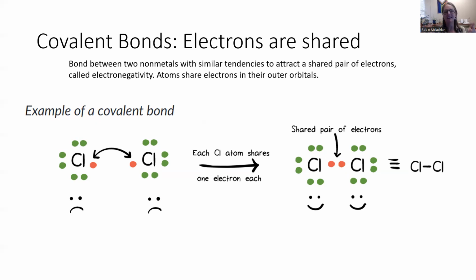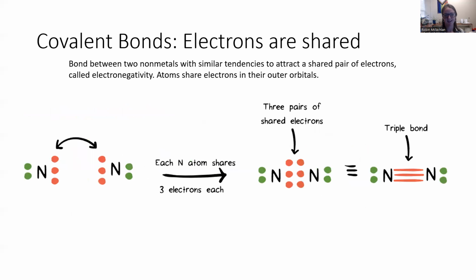I think I misspoke. Each chlorine atom is going to keep all of its electrons plus share one of the other one's electrons. And this means that both technically have 8 electrons in their outermost shell, right? So chlorine can pair with itself, can bond with itself in a covalent bond. Neon can do the same thing, or nitrogen can do the same thing.